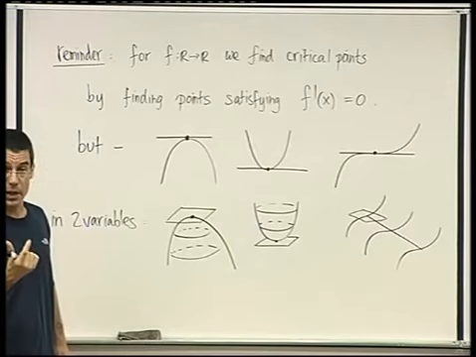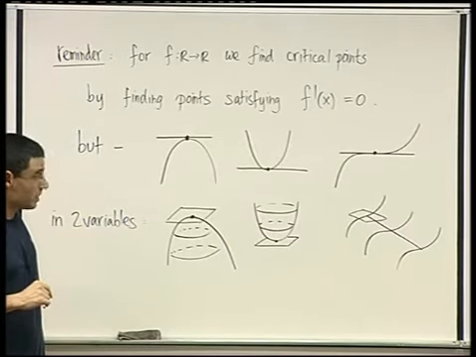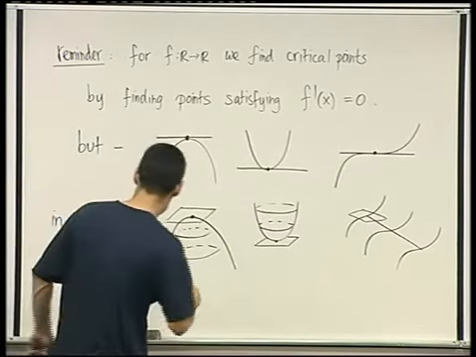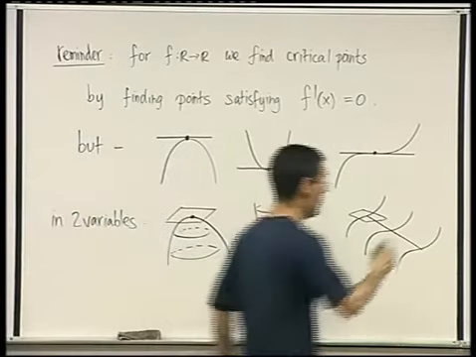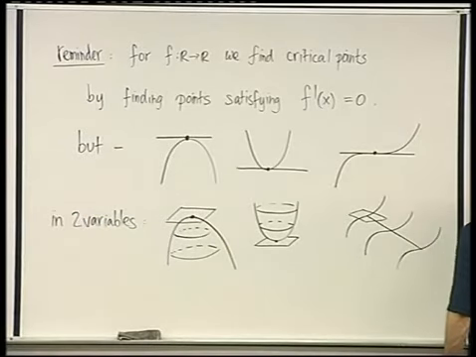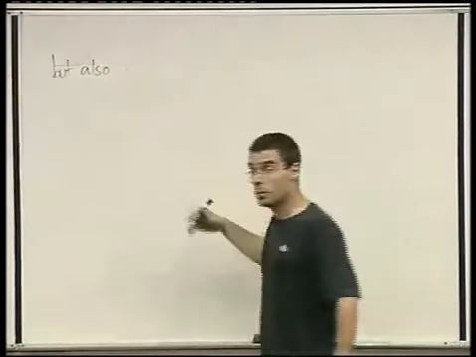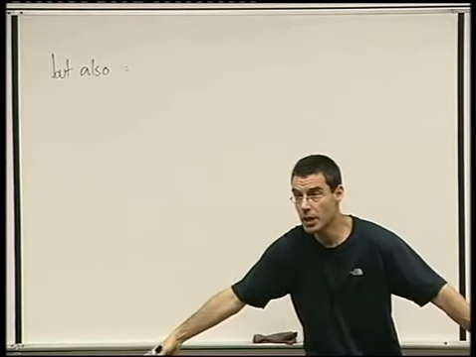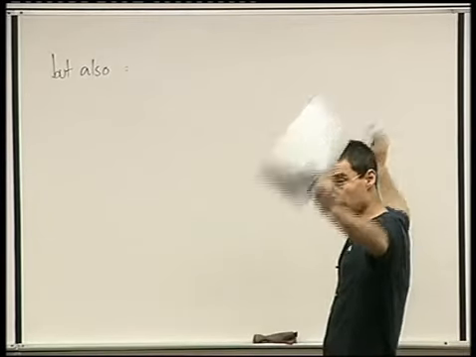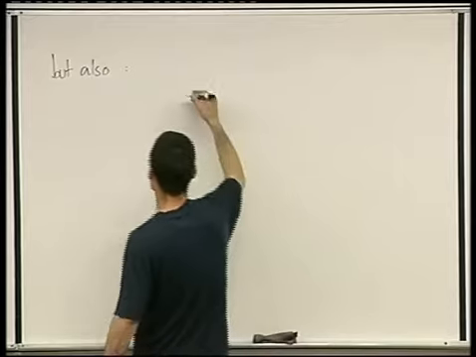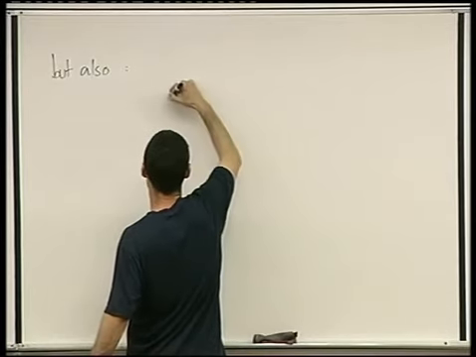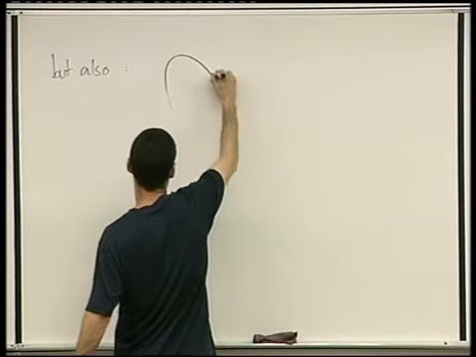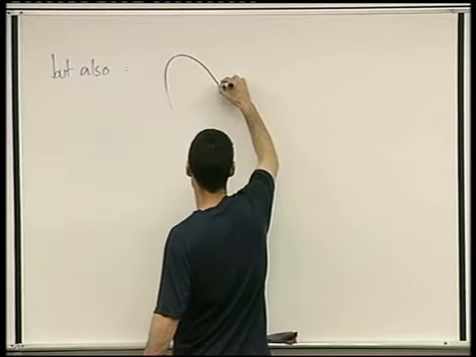So all these situations have the two-dimensional analog, but there's something even more complicated that doesn't show up in single variable. We can have something like what we call the saddle, where in some directions you're going down and in other directions you're going up. For example, one way to draw the saddle is a Pringle-like shape.